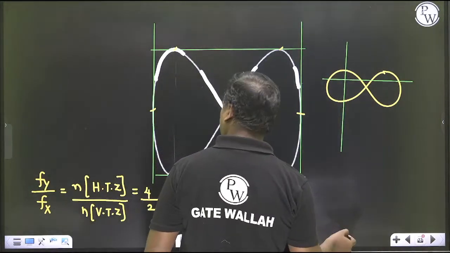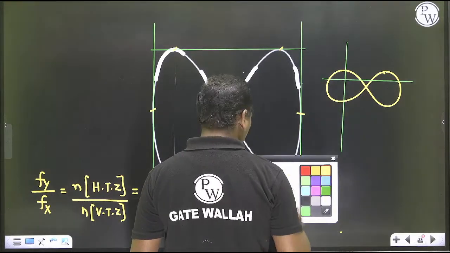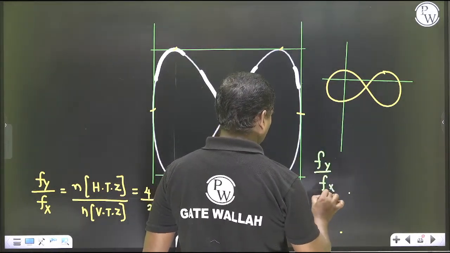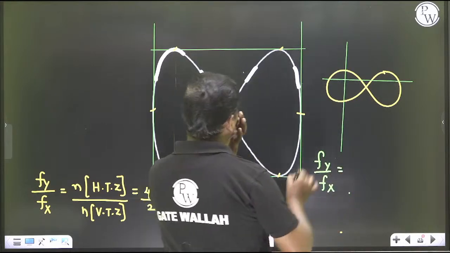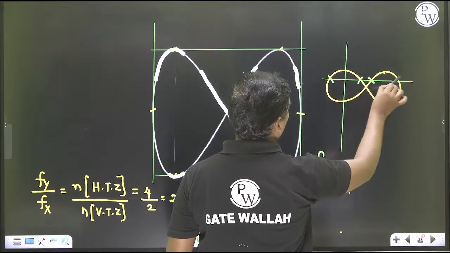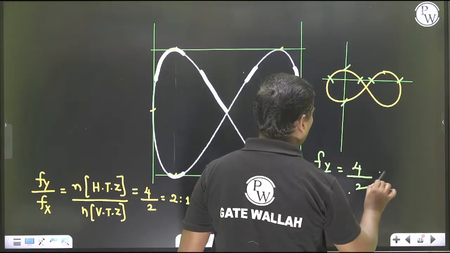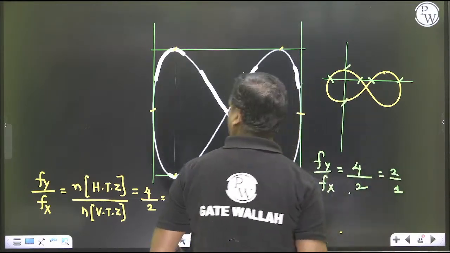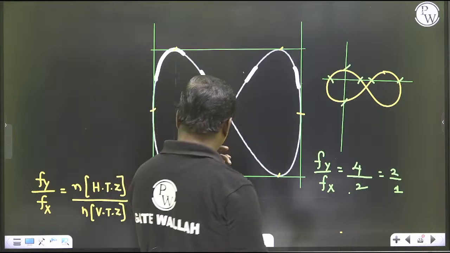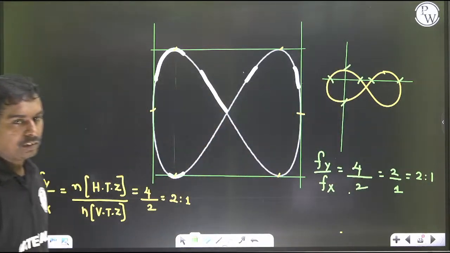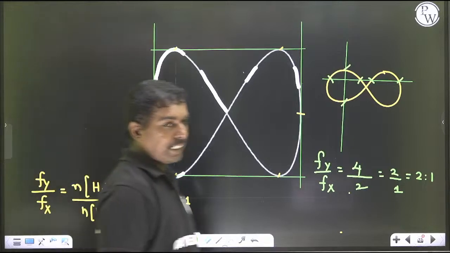So Fy by Fx is the intersection points here, 1, 2, 3, 4, and this is 2. Anyway, the answer is the same. In both cases the answer is matching. So this is the technique you have to follow.